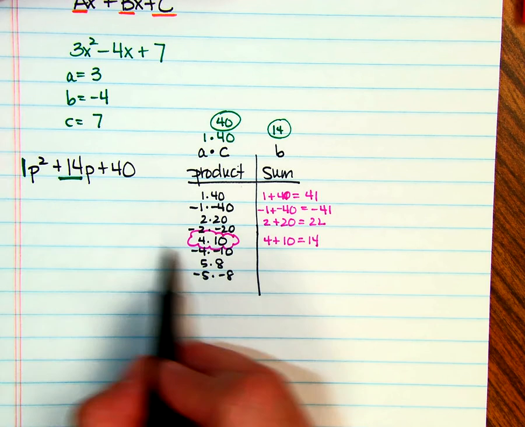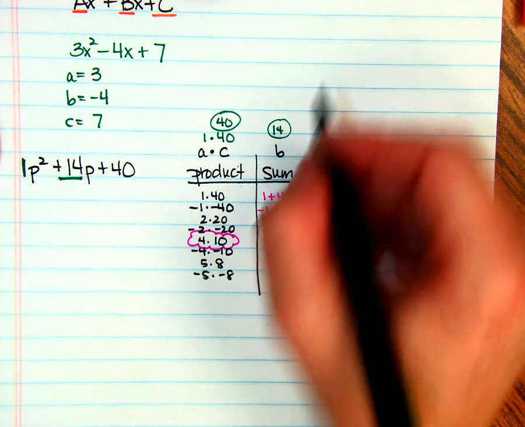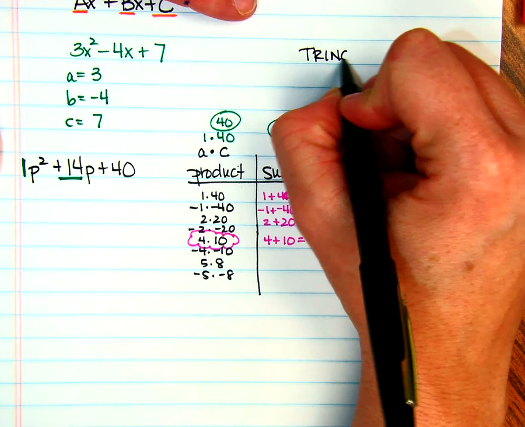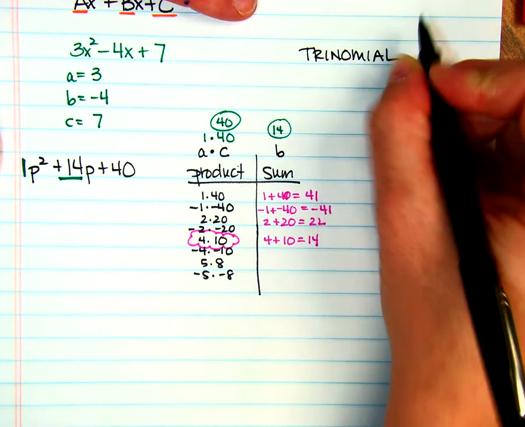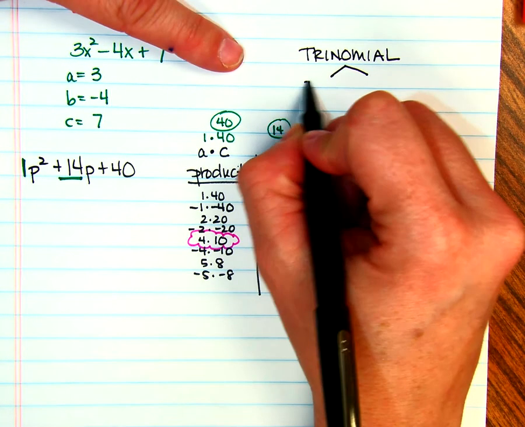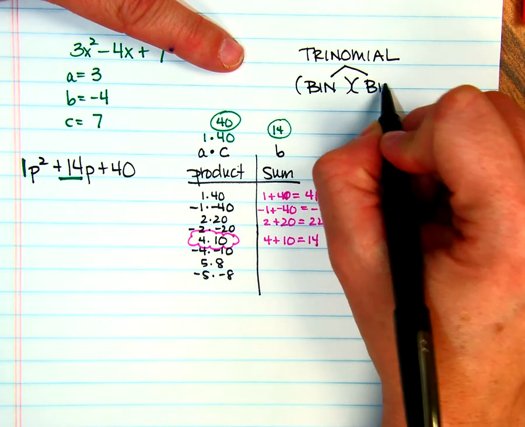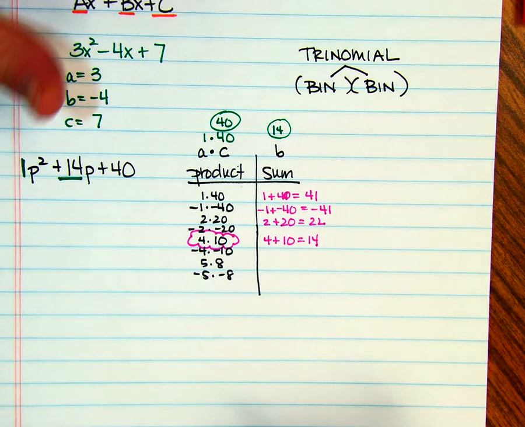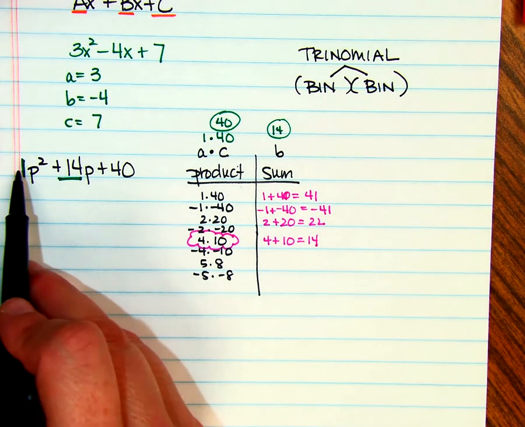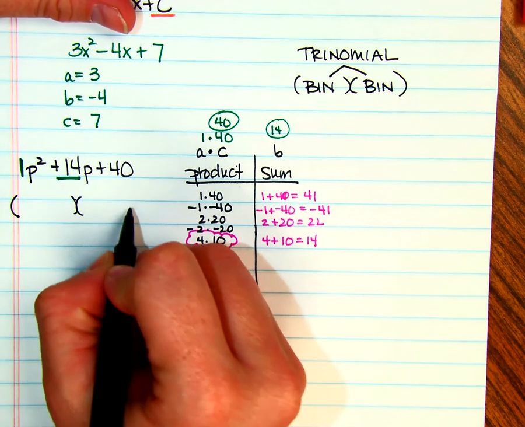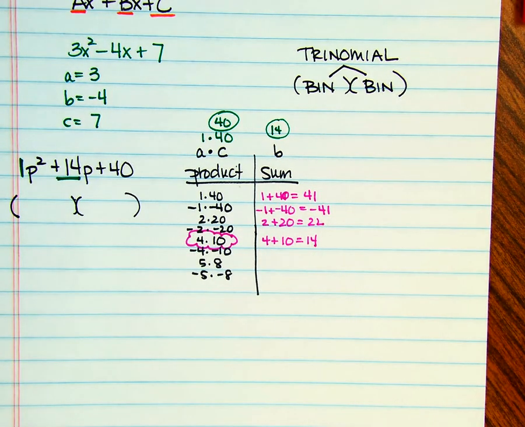So a trinomial factors into two binomials. So I know that since I have a trinomial, I am going to end up with two binomials.